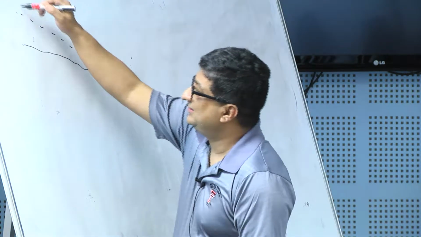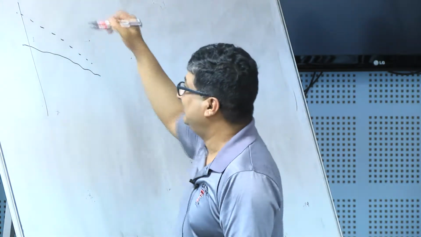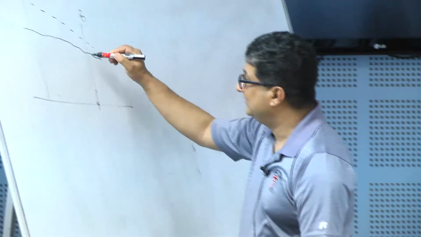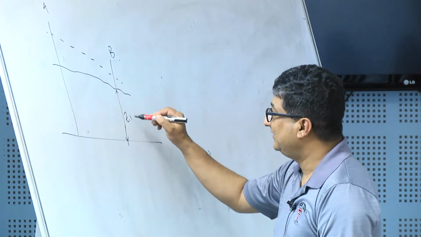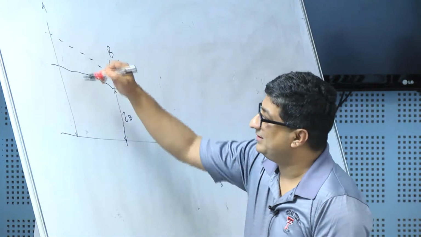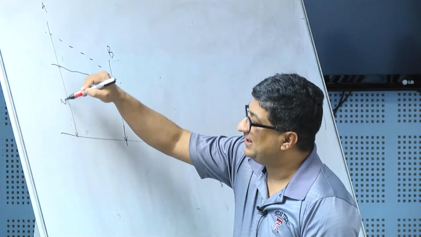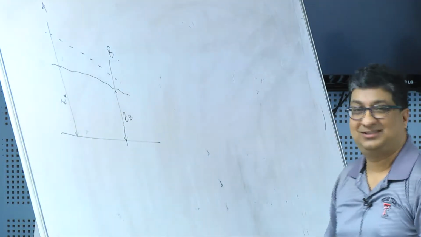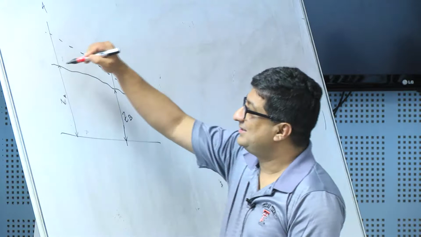I'll take point A and point B, measured from the same datum. I'm going to call these ZA and ZB. What will this be?